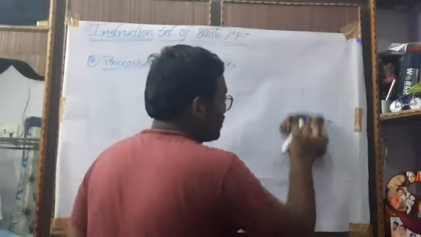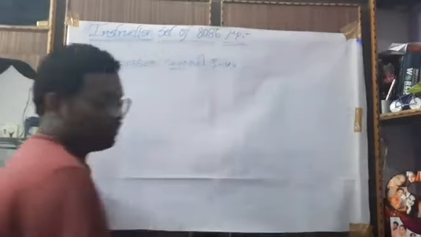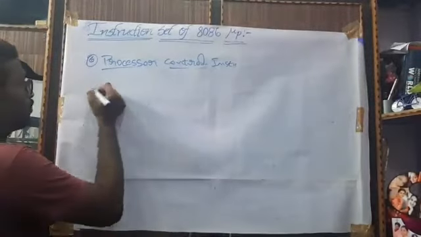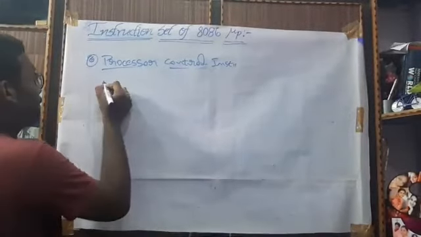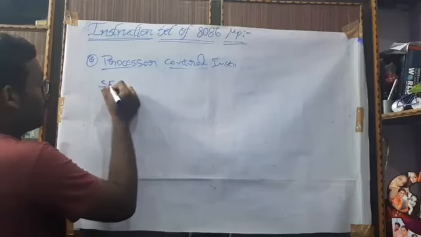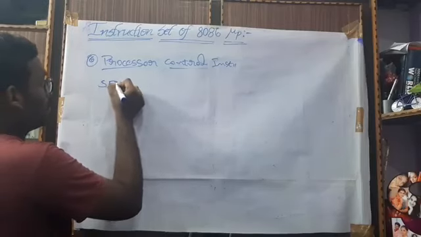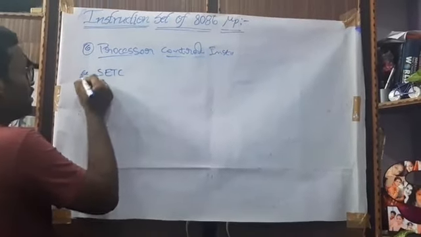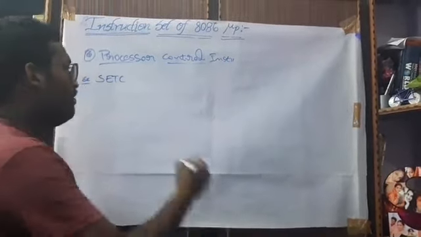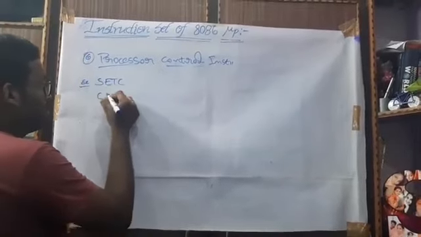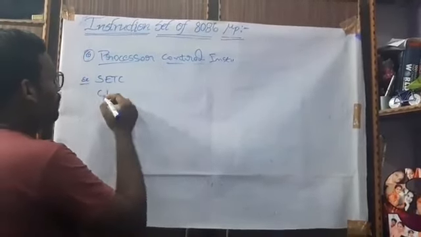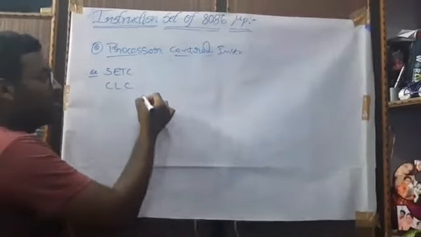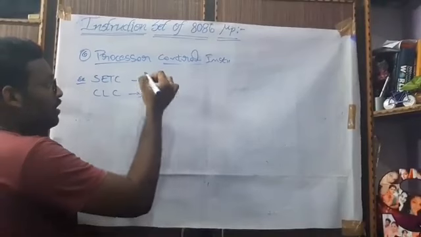So these are the instructions which control the state of the processor. For example, STC means set carry flag, CLC means clear carry flag.